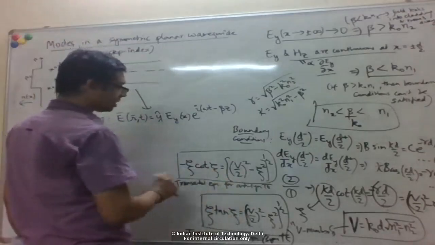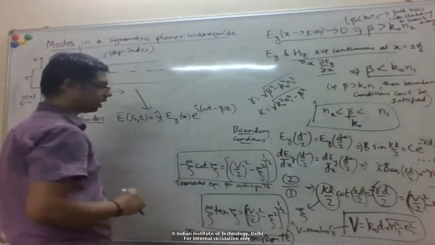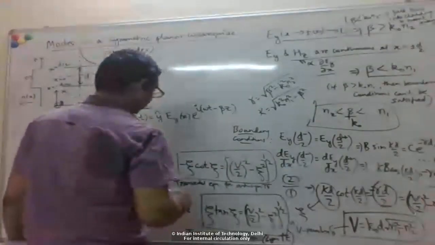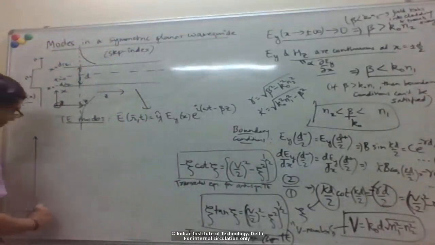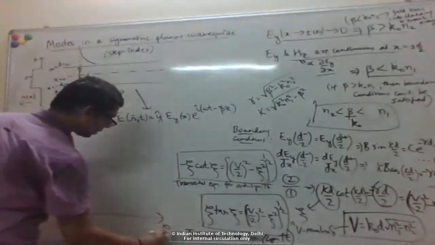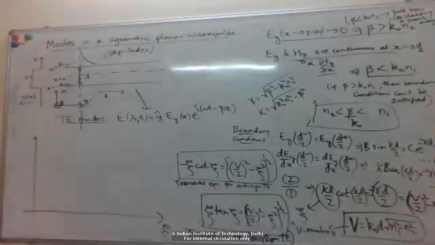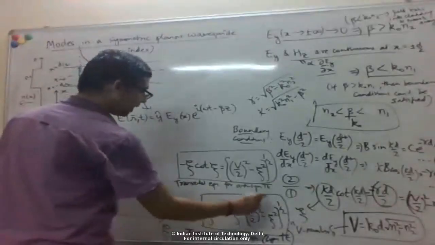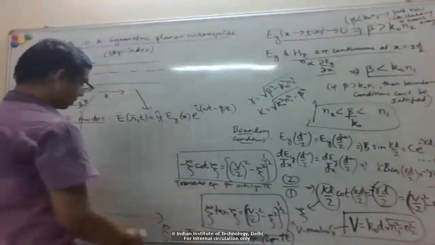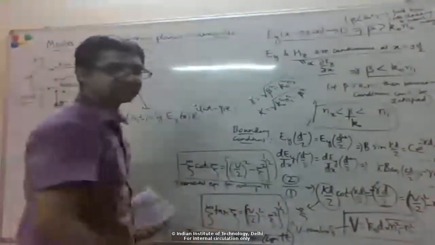The left hand side is a function of zeta, and the right hand side is a function of zeta. So we can plot a function of zeta on the y-axis, and zeta on the x-axis. We plot the LHS and the RHS separately, f1 of zeta and f2 of zeta, and then look for the intersection.